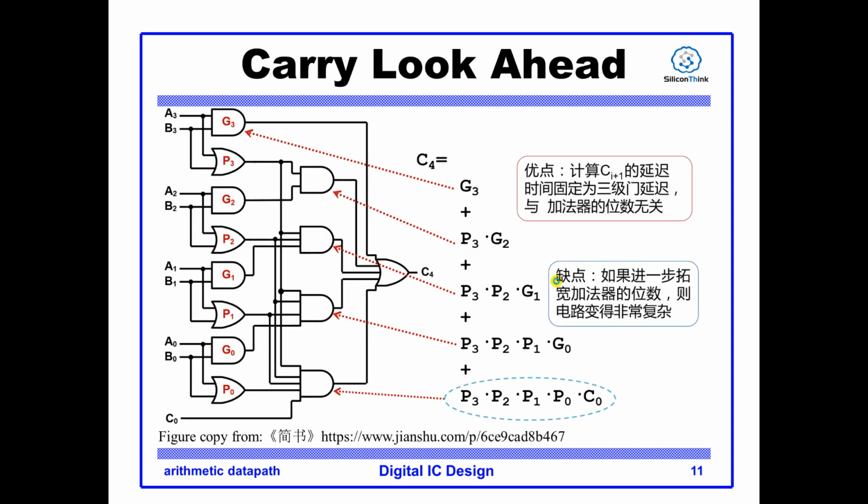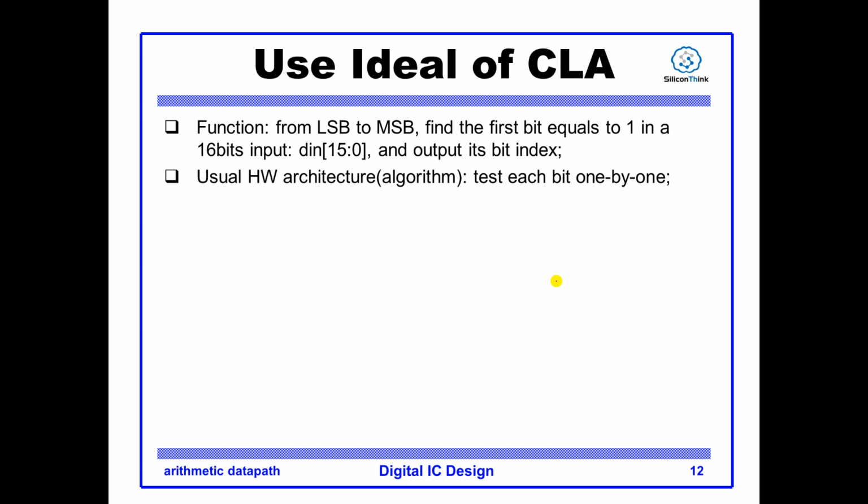Let me give you an example. The function is: you want to find the first bit that equals 1 in a 16-bit input such as D. The order is from least significant bit to most significant bit, that is from 0 to 15.